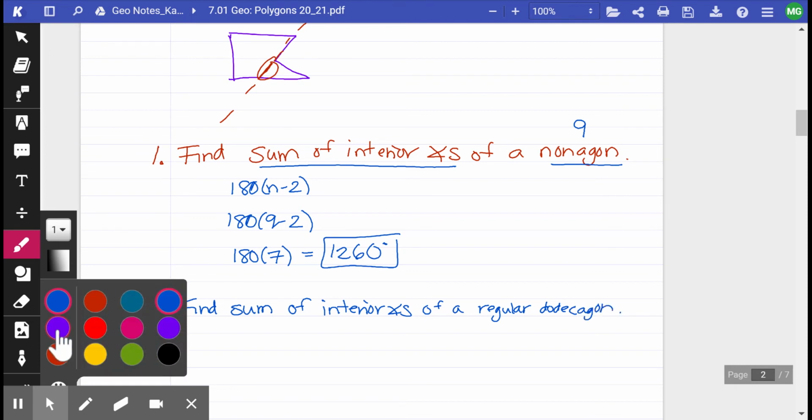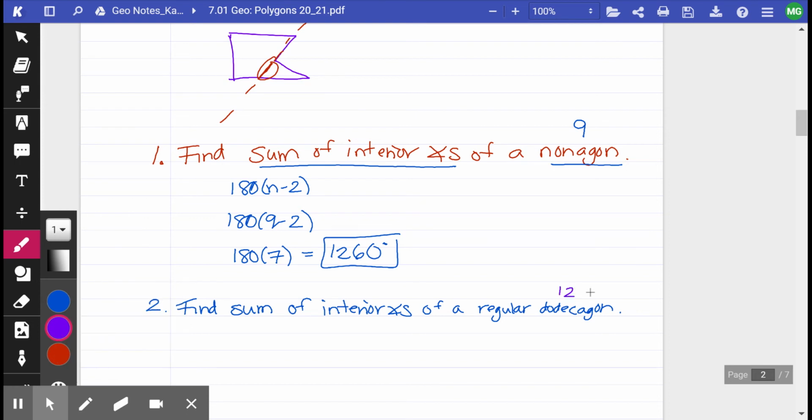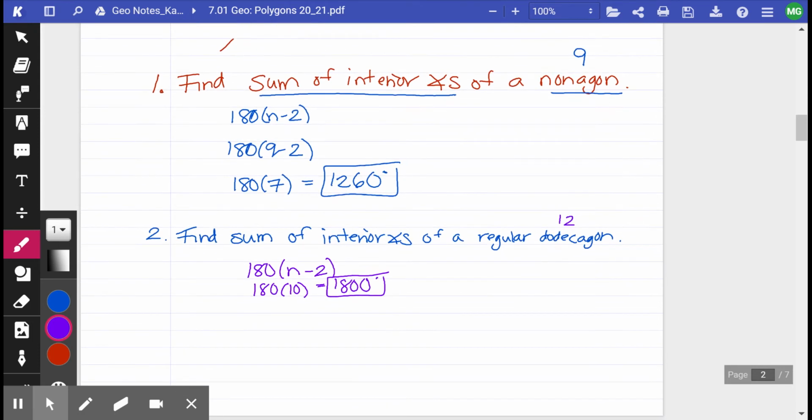Okay, pause here and do this one on your own. So you should have found that you had 12 sides, and then we would do, again, the sum of the interior angles. It doesn't actually matter at this point that it is a regular dodecagon. It just matters that it's a dodecagon. So that gives us 1,800 degrees in the sum of the angles.